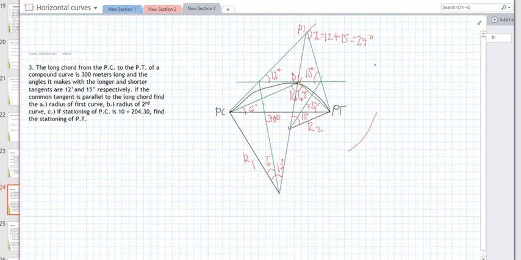So, what is this? This triangle. Wait. Okay.